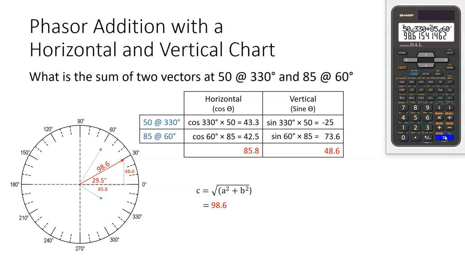Now, if we want to find the angle 98.6 is at, we have to go second function, exp to toggle between the angle and the magnitude of the vector. So 29.5 degrees. 98.6 at 29.5 degrees. Perfect.